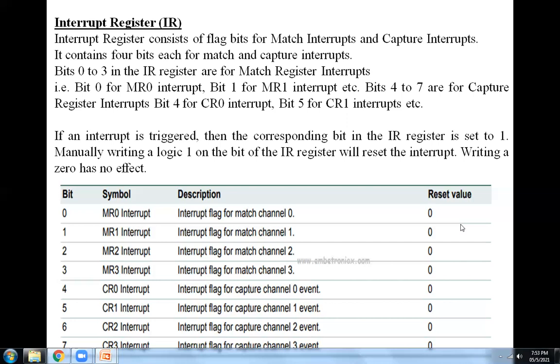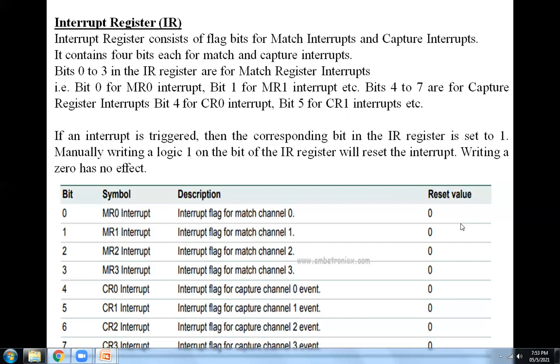Bits 4 to 7 are used for capture register interrupts. Bit 4 is used for CR0, then bit 5 for CR1, and so on. In total, 8 bits are present; out of those, 4 bits are given for match and 4 bits are given for capture.